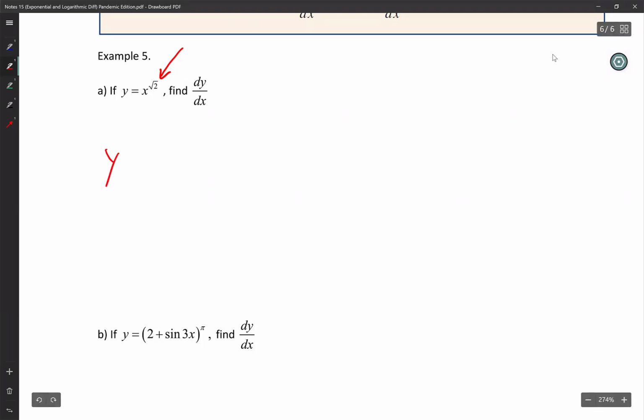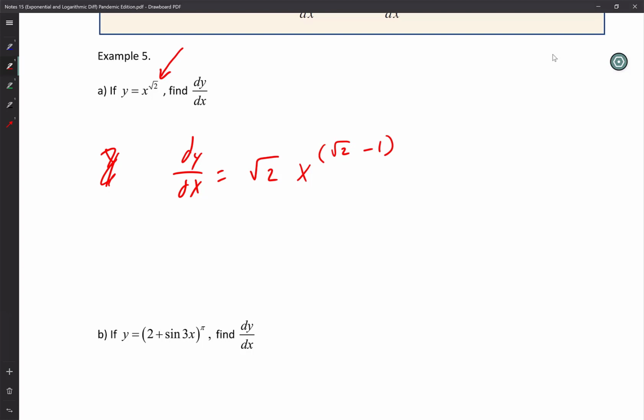So look how simple this is. dy dx equals square root of 2 times x to the square root of 2 minus 1. Done. It's not different. It's the same as the power rule. It is the power rule because the exponent is a constant. Does that make sense, guys?